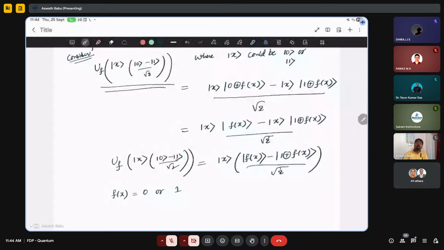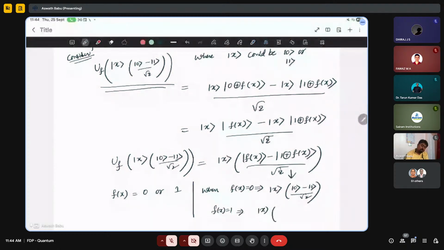That we know. In a binary system, the function values can only be 0 or 1. So when f of x is equal to 0, the output is x, 0 ket minus 1 ket, divided by square root of 2. When f of x is equal to 1, I get x, 1 minus 0, so the 0 ket, divided by square root of 2.